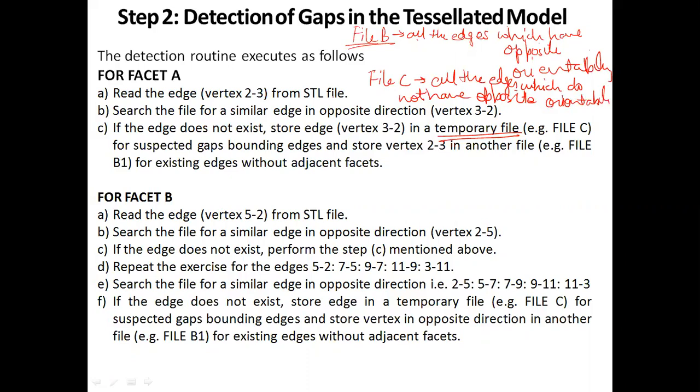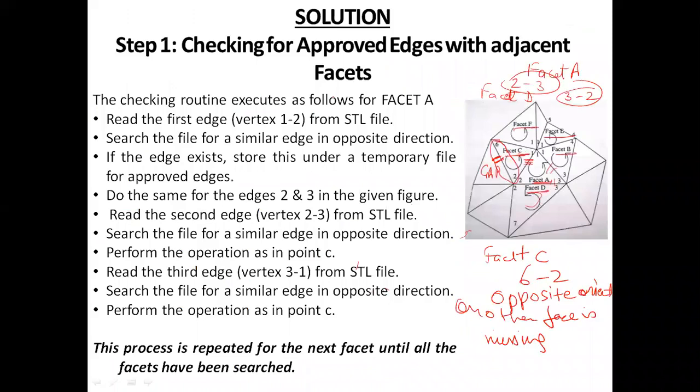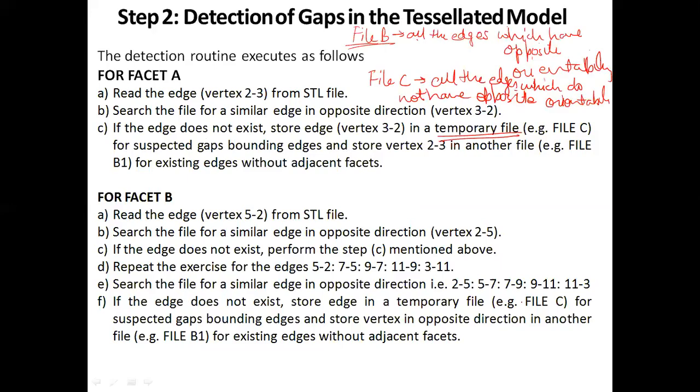So file C basically contains all the edges which do not have opposite orientability. As I explained in the previous slide, 6-2 facet edge 6-2 does not have opposite orientability. So this information will go in file C. So how will I store the information in file C? File C will store the information of vertex 1 and vertex 2. That information is 6 and 2. So this information is going to be stored in file C.